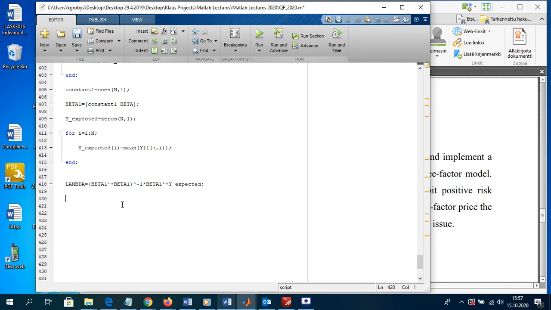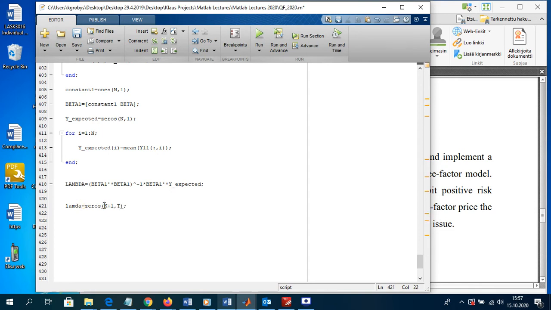We have to construct a matrix where, for each point in time, we store the corresponding cross-sectional risk premium vector. What does that mean? First, let us construct a matrix, call it lambda, with zeros k plus 1 by t.